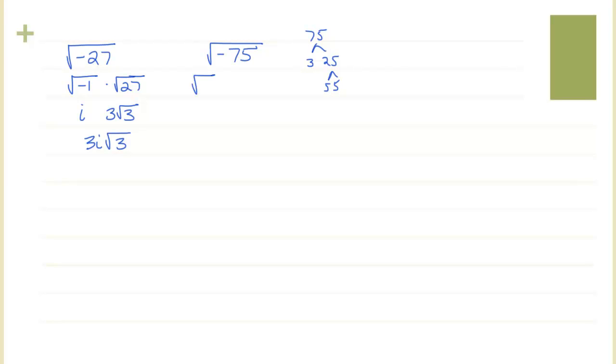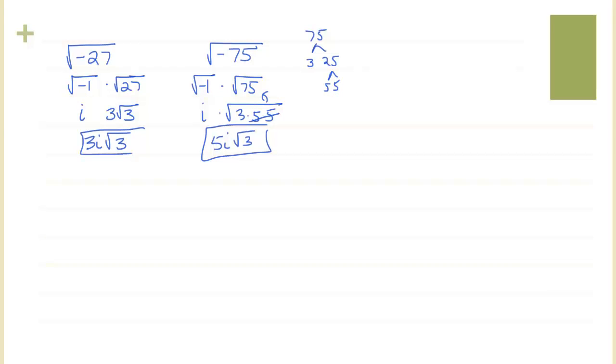So think of it, it's radical -1 times radical 75. This is my i. Now I'm just simplifying regular radical 75. So I have 3 times 5 times 5. I've got a pair of 5s. So a 5 will come out, and it'll be 5i radical 3.